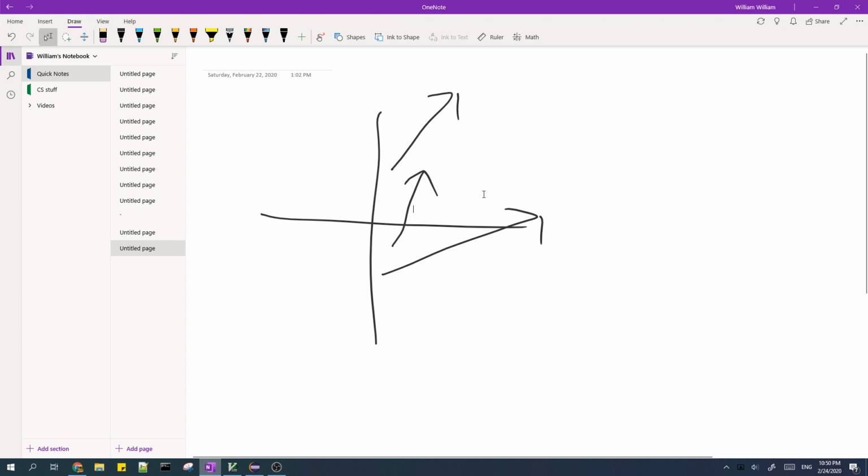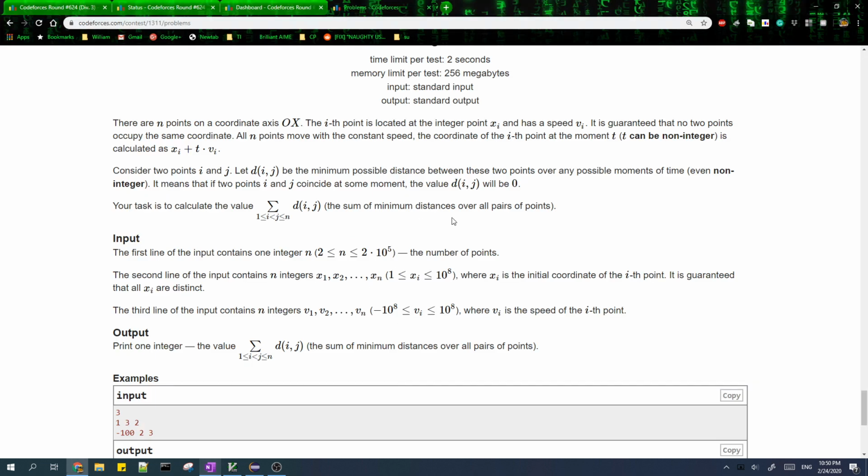Okay, so let's sort everything by x first.